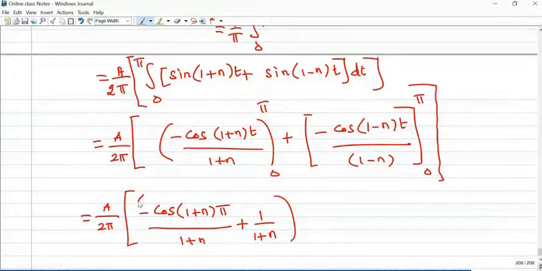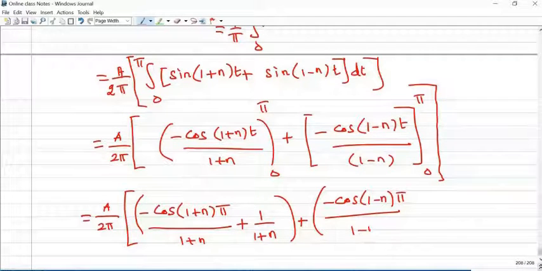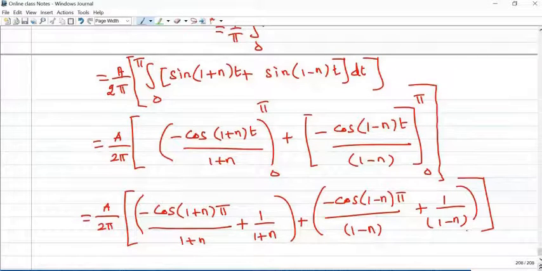This is the result from the first term. Plus the second term, minus cos 1 minus n, upper limit pi, divided by 1 minus n. Minus of minus, plus cos 0 which is 1, divided by 1 minus n. This is the result from the second term.